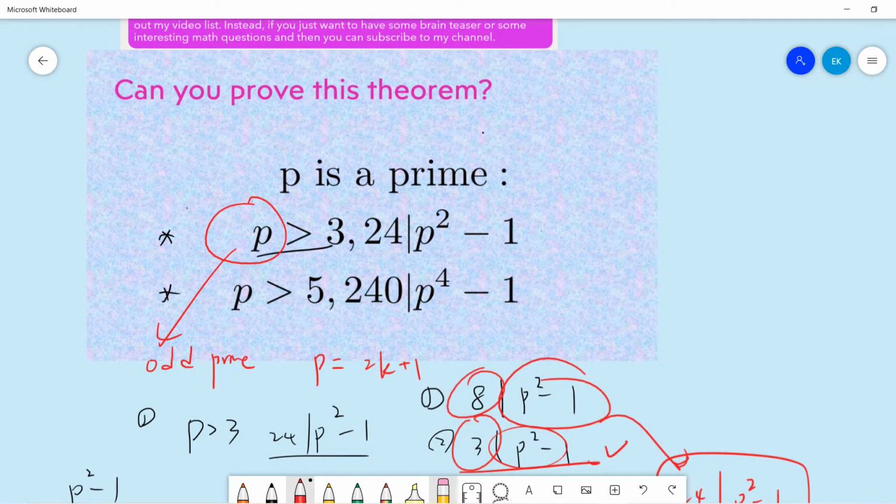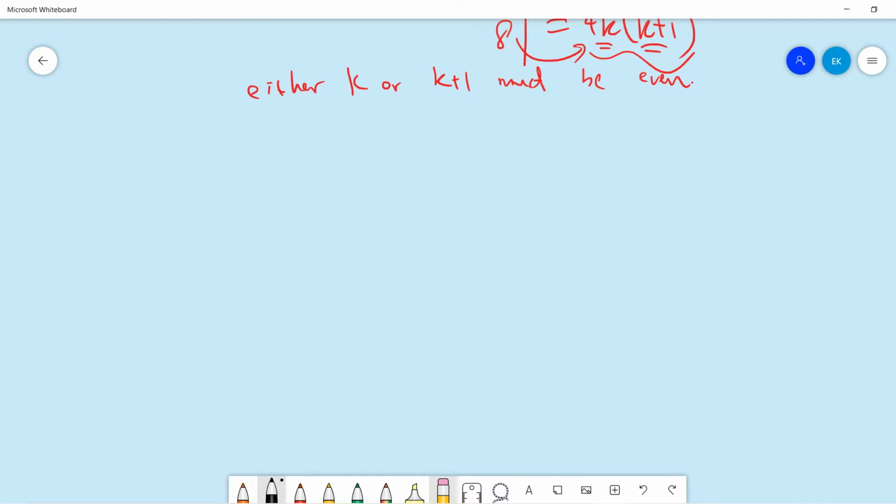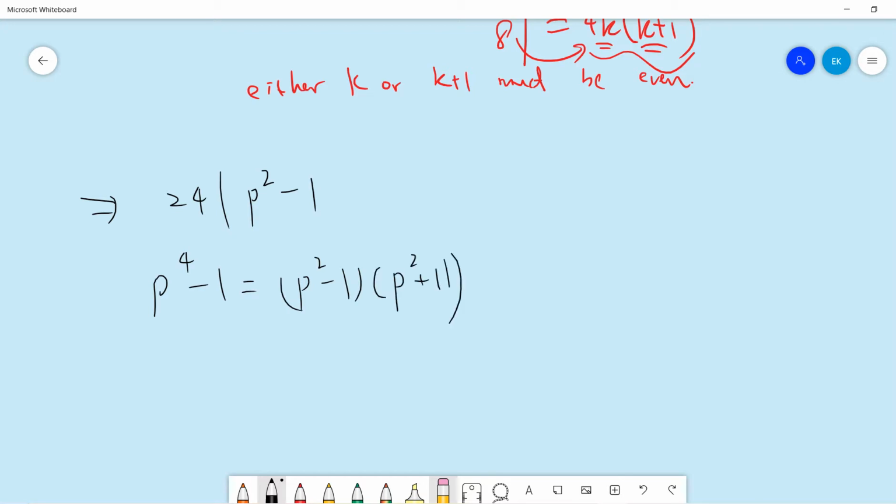So the second thing is also famous, that 240 divides P to the fourth minus 1. We already showed that 24 divides P squared minus 1. And P to the 4 minus 1 is basically P squared minus 1 times P squared plus 1. So 24 already divides this.